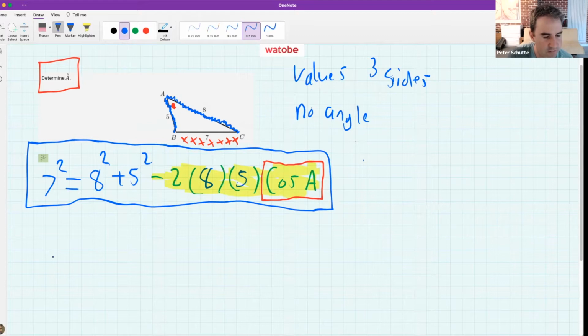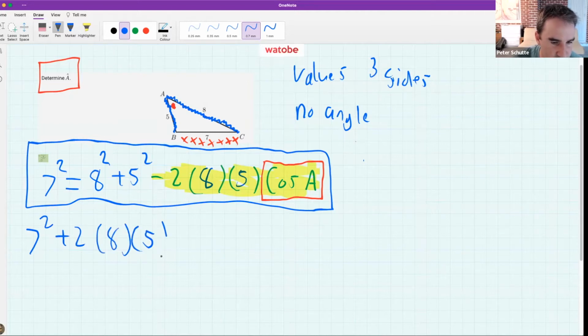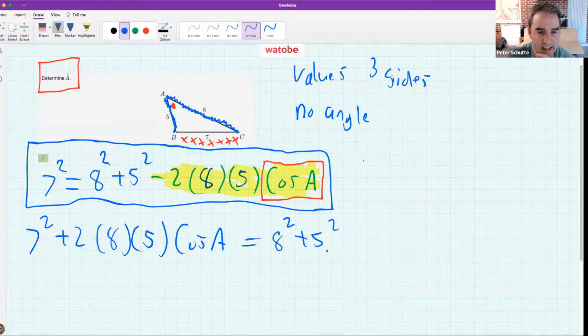So, in fact, let's move it across like this. So 7 squared plus 2 times 8 times 5 times the cos of A. And then I'm going to leave the 8 squared plus the 5 squared on this side.